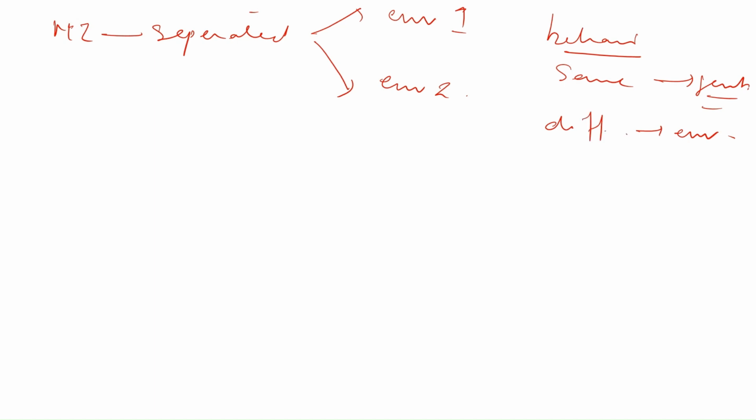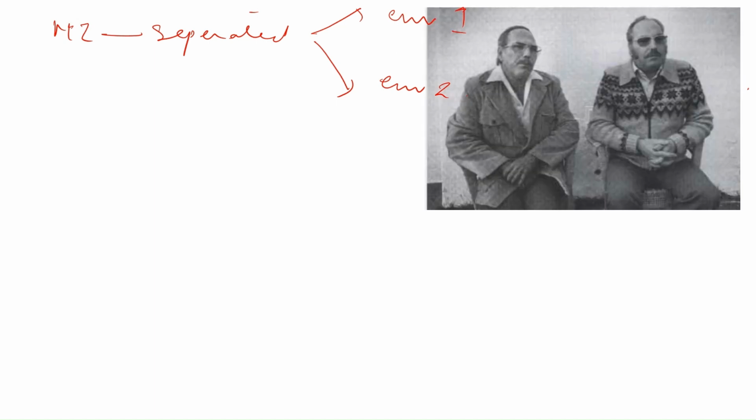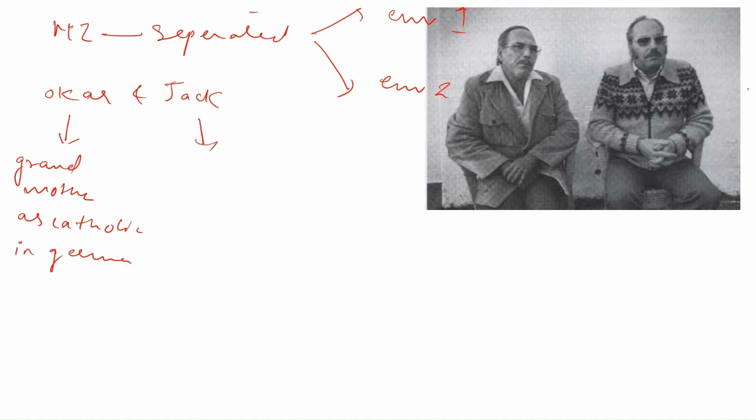Now, a similar experiment or observation was noticed between two brothers, Oscar and Jack. Oscar was raised by his grandmother as Catholic in Germany, whereas Jack was raised by his father, who was Jewish, on a Caribbean island.